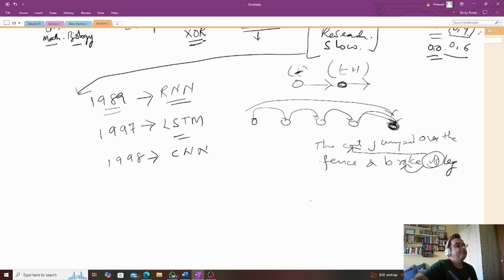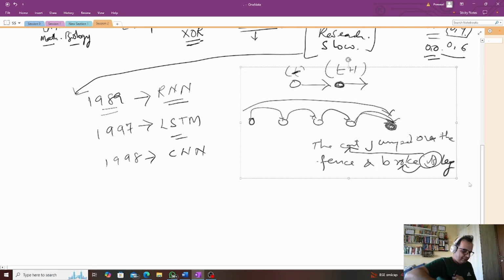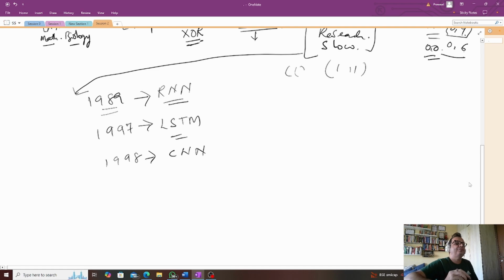CNNs came into existence. Okay, what happens in CNNs is, and let me try to delete this so that we can talk about other forms of neural networks. So what happens in CNN is, and RNN is more for text or sequence-to-sequence kind of information, CNN is more for visual information.